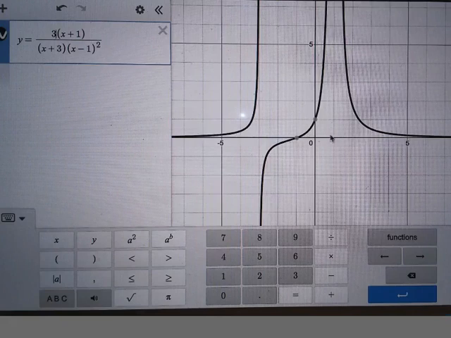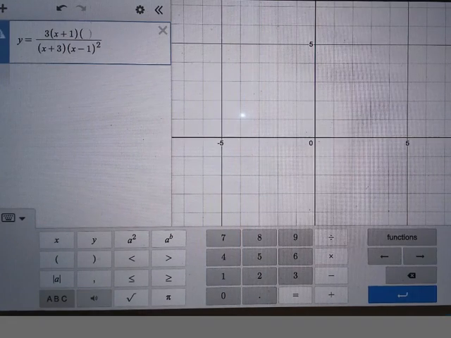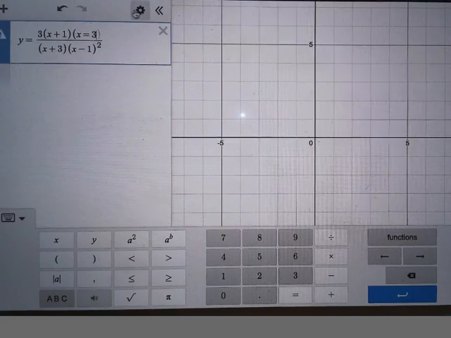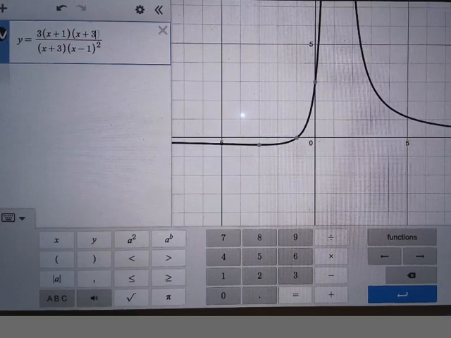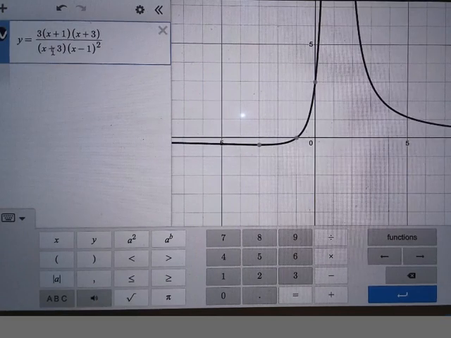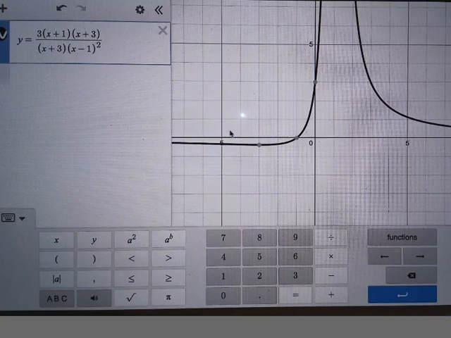Now, right now, there is a vertical asymptote at minus 3 because of this x plus 3. I'm going to go up here and put parenthesis x plus 3, plus 3. This says there should be a vertical asymptote at negative 3. This says there should be an x-intercept at negative 3. Well, we see neither of those.